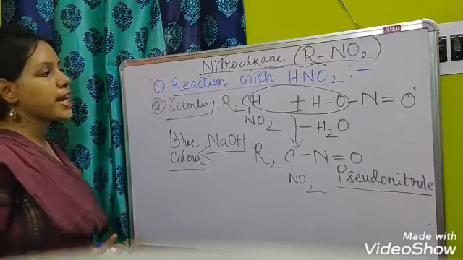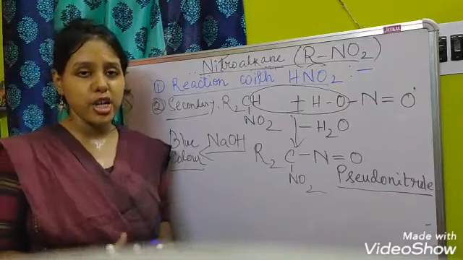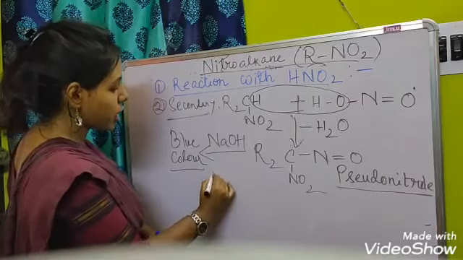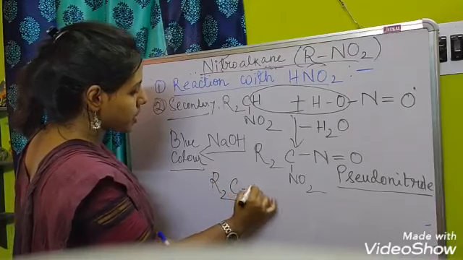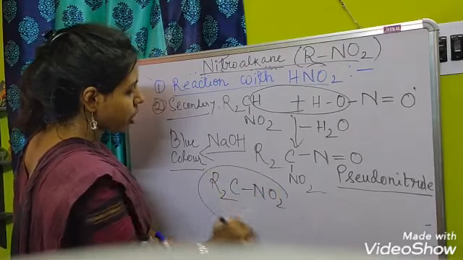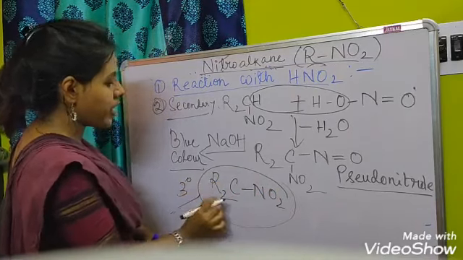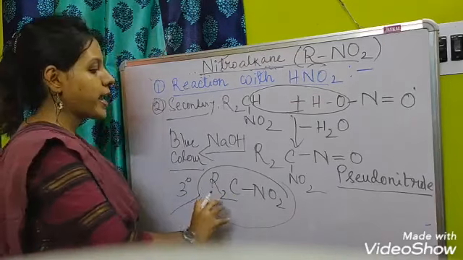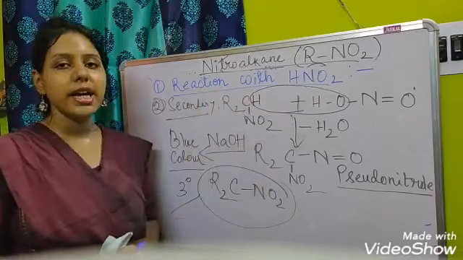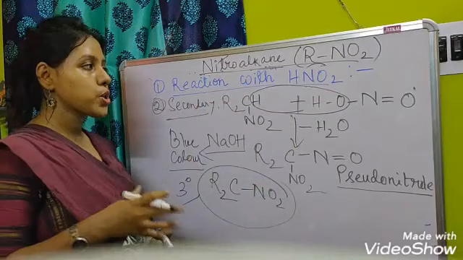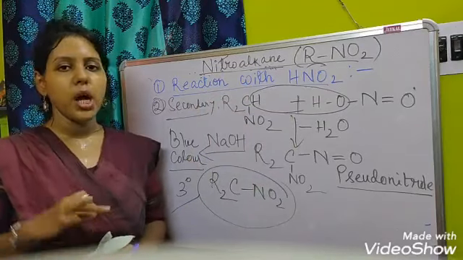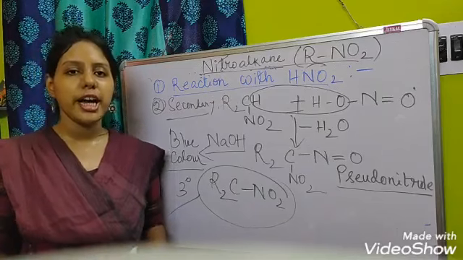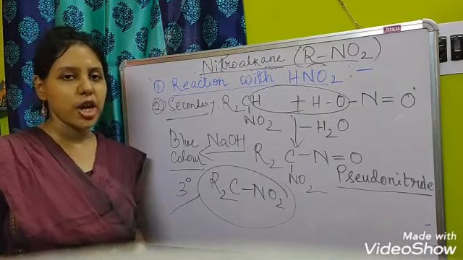Now for the tertiary nitroalkane, as there is no alpha hydrogen present, for tertiary or 3-degree nitroalkane, no alpha hydrogens are present. That's why they do not react with the nitrous acid. So the nitroalkane which does not react with the nitrous acid is tertiary.